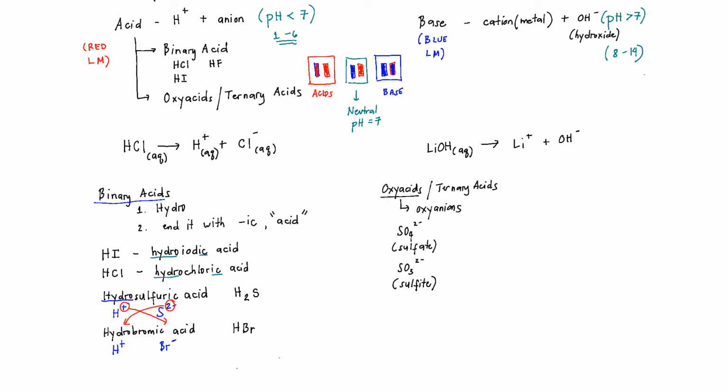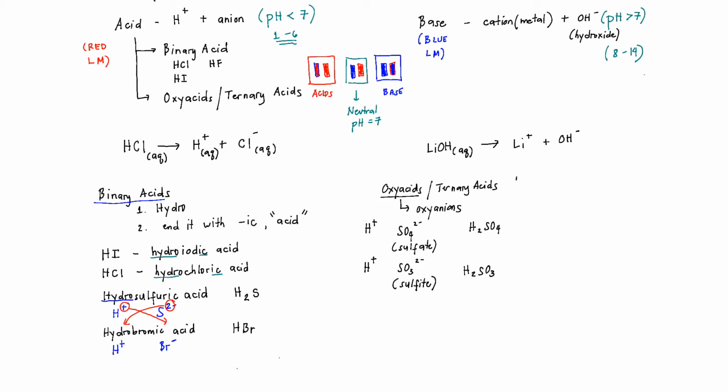Now, if we were going to make it an acid, we put H positive, the hydrogen ion, and then we do the crisscross, so that will become H2SO4, and then this one is H2SO3.